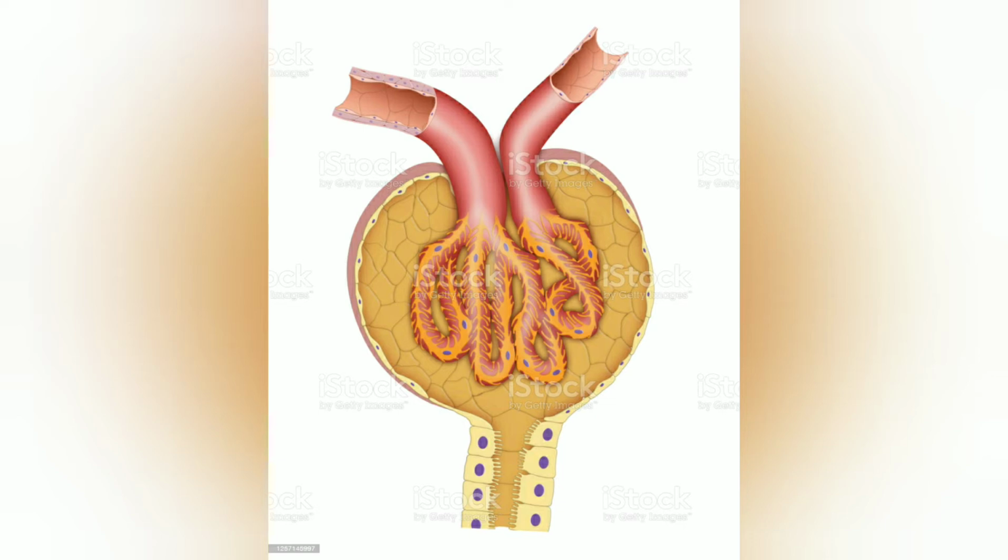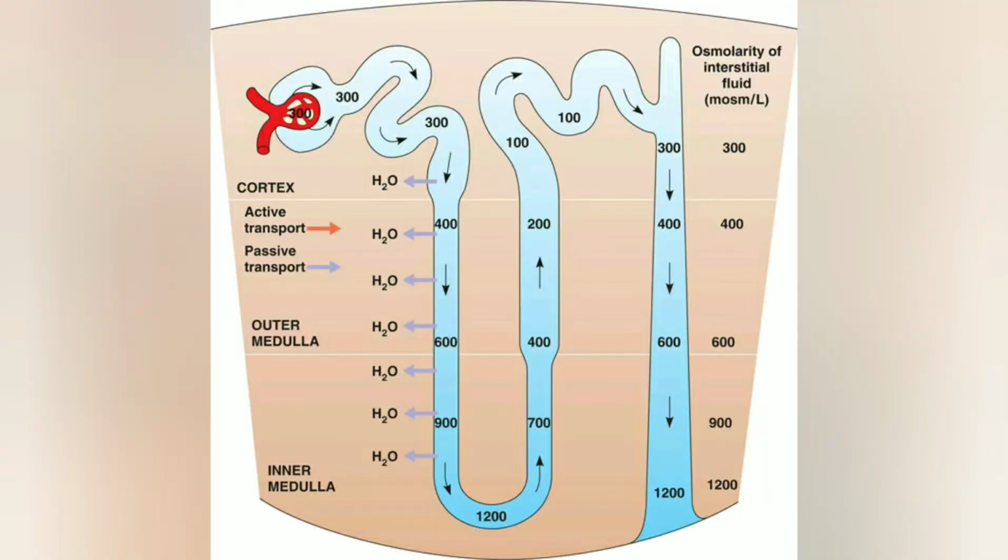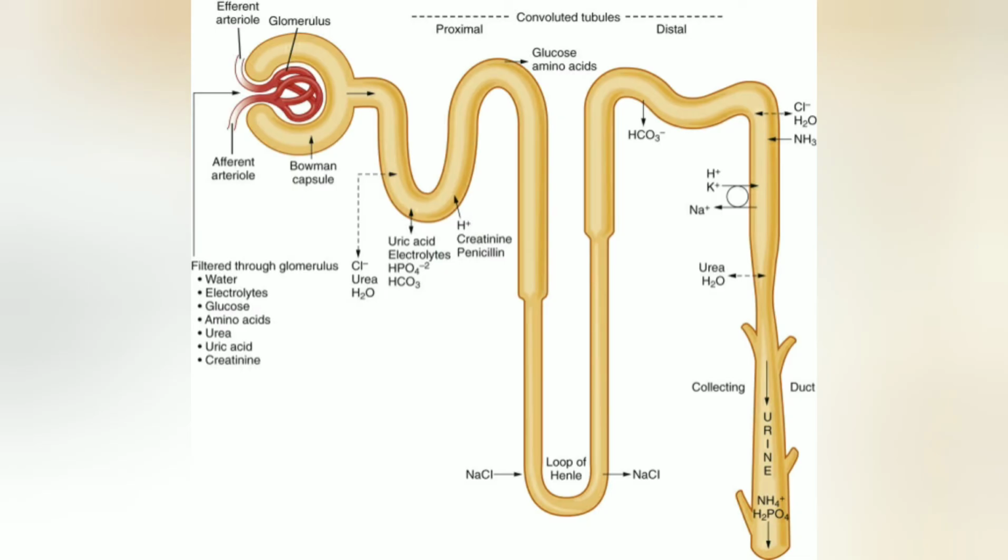Now these cells perform active reabsorption as well as passive reabsorption. Active reabsorption is ATP mediated. That means it requires energy, that is ATP molecules. Whereas passive reabsorption is done by simple diffusion. So there are certain substances which are of more importance to our body.